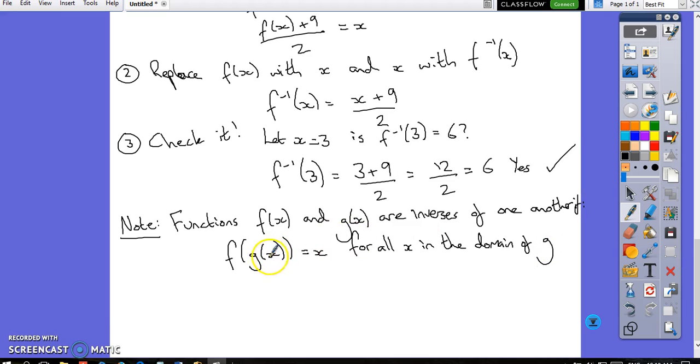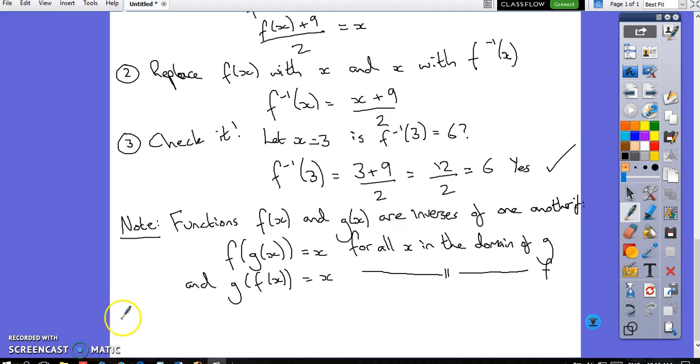So there might be some x's we can't put in here, and we won't worry about those, but for all x's we can put in here, this should work. And g of f of x gets us back to x for all x in the domain of f this time. And actually, we can check that here.